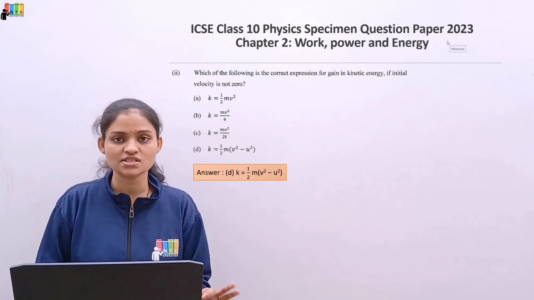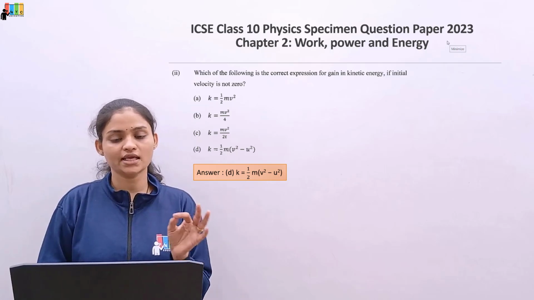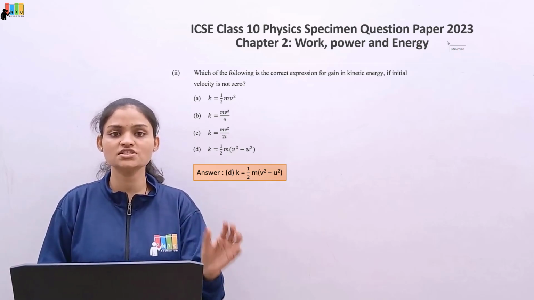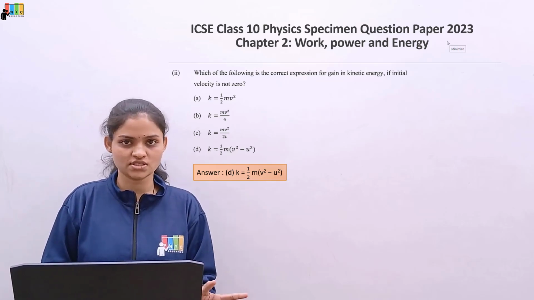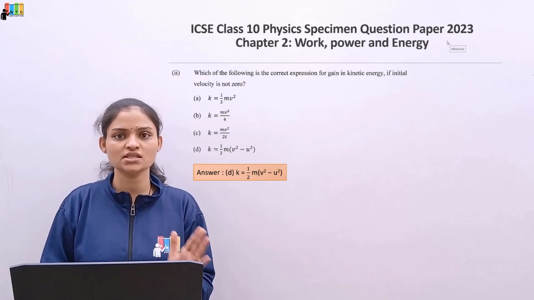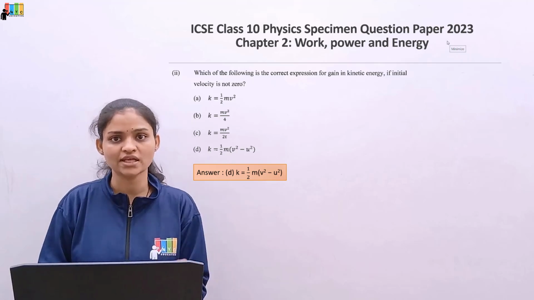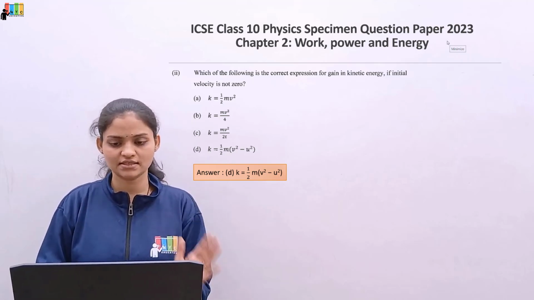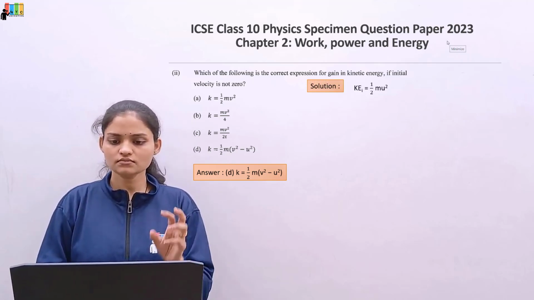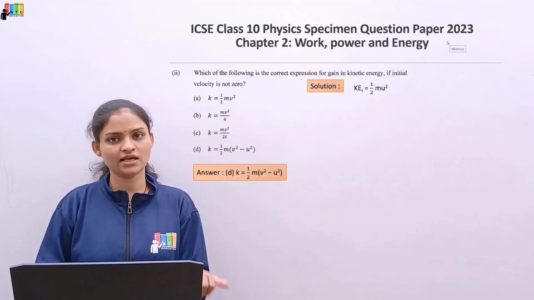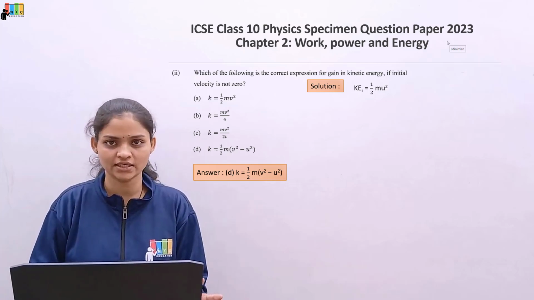What is the question? Correct expression for gain in kinetic energy if initial velocity is not zero. Okay, initial velocity is not zero, so initial velocity has some value, that is u. We will see the solution. So there are two kinetic energies, initial kinetic energy and final kinetic energy.